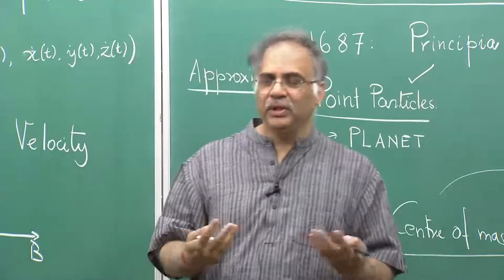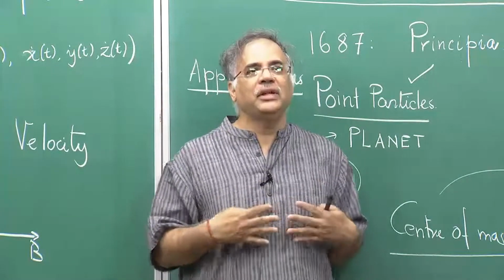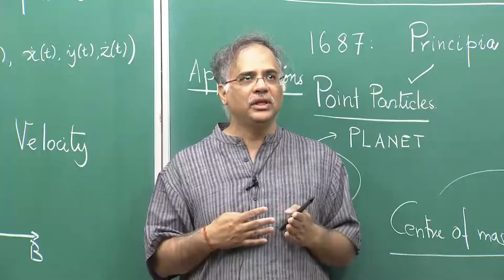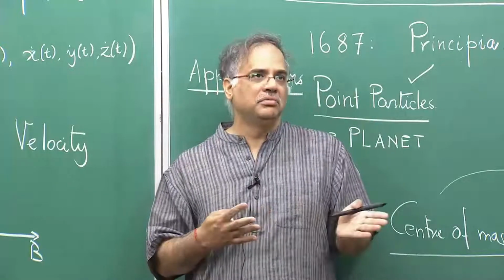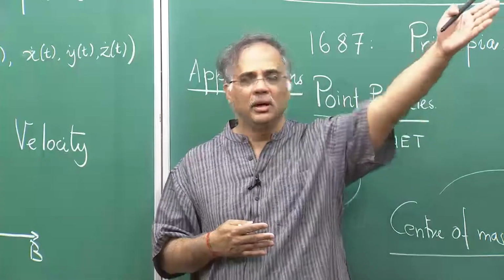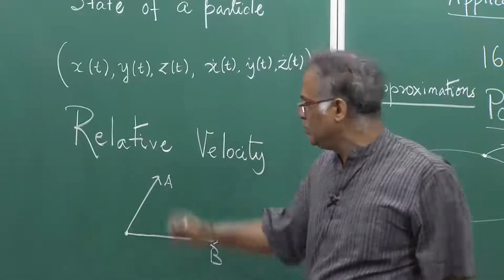I know my ship B is moving too, but I am on it and I want to think that the ship B is at rest. I want to see, in the sea or river, whatever, in which direction and at what velocity the ship A actually moves.